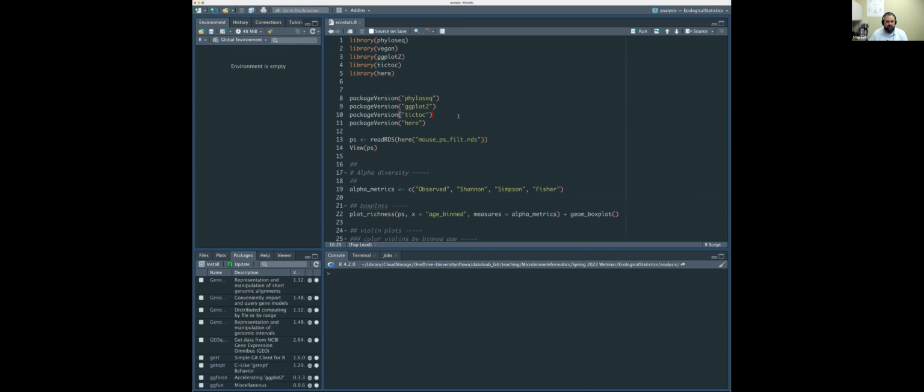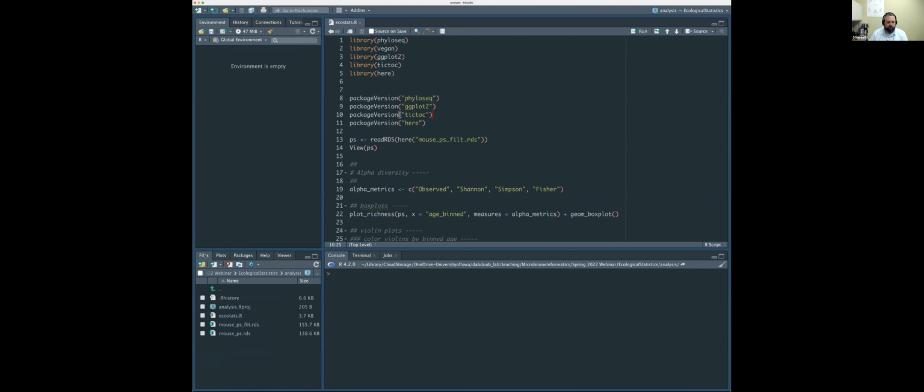But anyways, that's where the data comes from. So there's this mouse_ps_filt, just the original mouse experiment data, but filtered. So that's where we'll start.